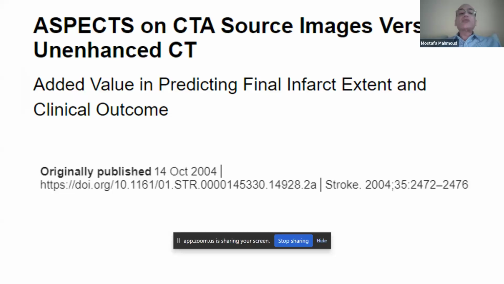I would like just to highlight that the ASPECTS on a CTA source image might be more appreciated than on a plain CT.